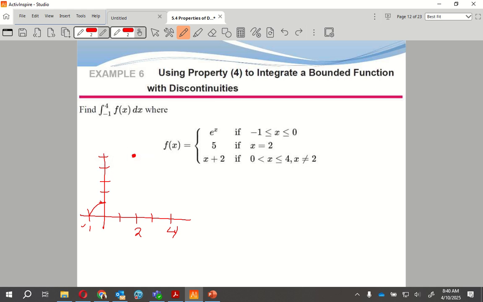Solid dot right there. And for this other one, it's x plus 2 to here, starting at 0 going to 4. 2 up 1 over 1.